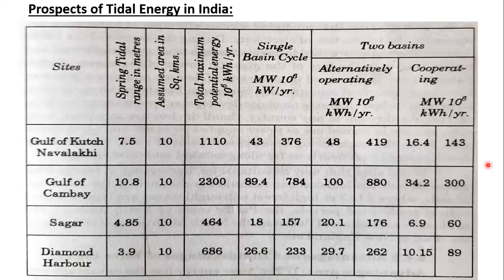So these are the places where we get high tidal ranges, and the maximum tidal range will be at the Gulf of Cambay. It is around 10.8 meters of tidal range we are getting here. See, if you see the table, we are getting 10.8. It is the highest range of tide, and it is attractive for tidal plants.